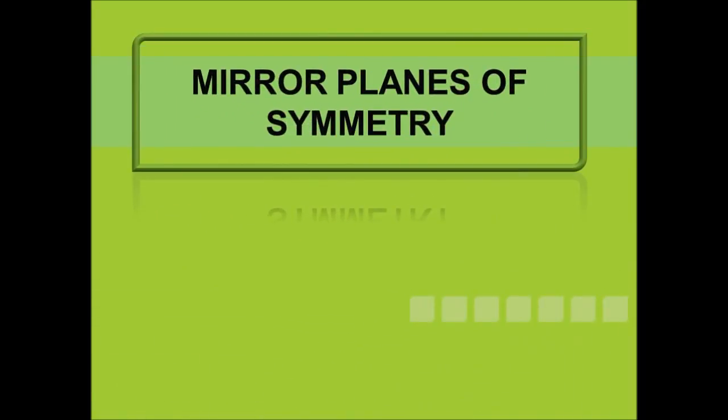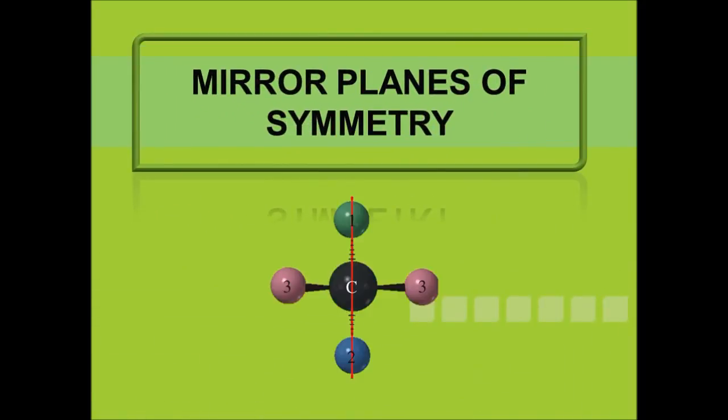Mirror planes of symmetry. Sometimes compounds will have 3 different groups attached to a central carbon. That compound is achiral. This is because you are able to split that molecule directly down the middle through what we call a mirror plane of symmetry.